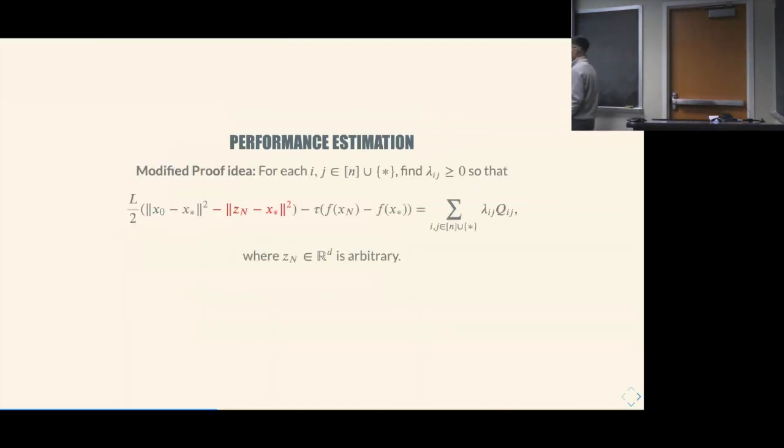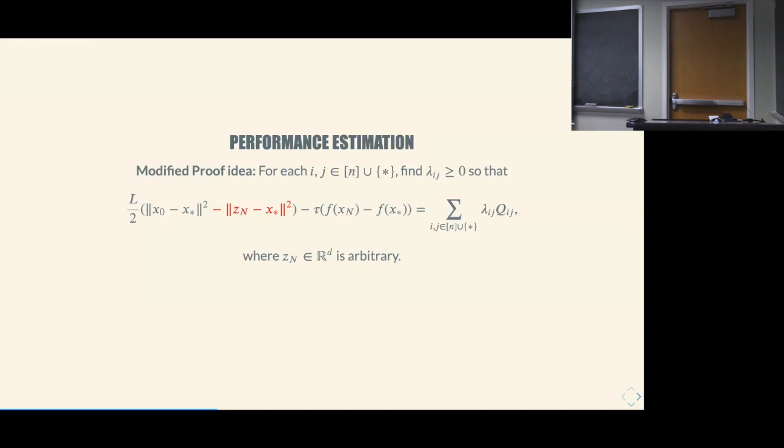What you do is you subtract off this weird auxiliary term in order to cancel out the norm of x star squared. Hopefully you can see now that on the left side here, if I were to expand both of these norms out, the norm of x star squared cancels. So the thing on the left and the thing on the right both do not depend on the norm of x star squared.